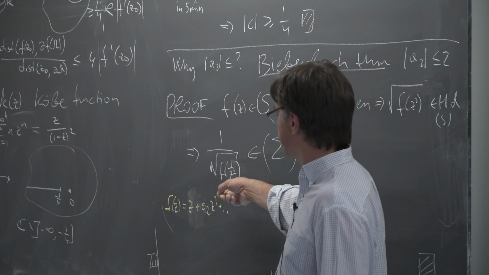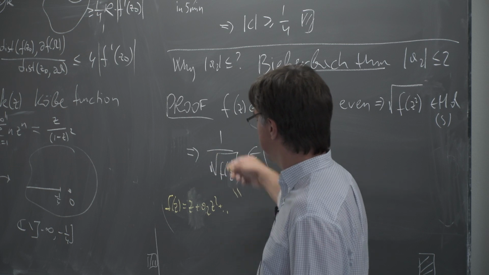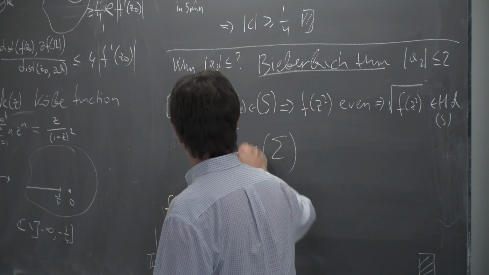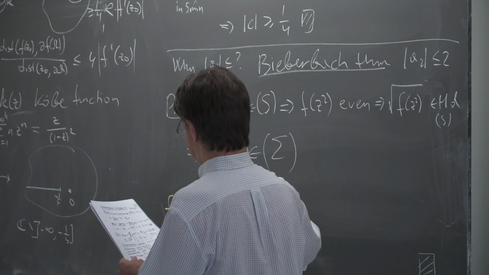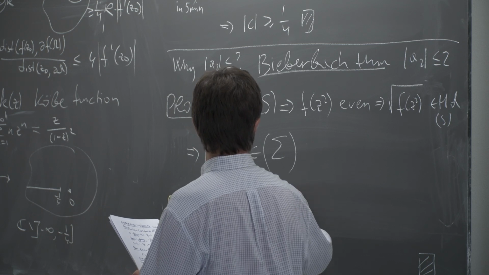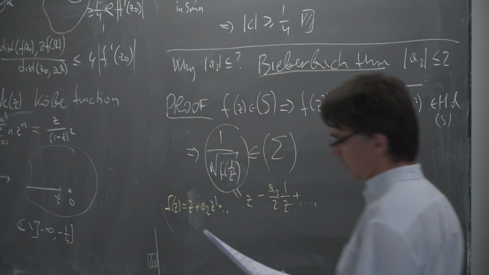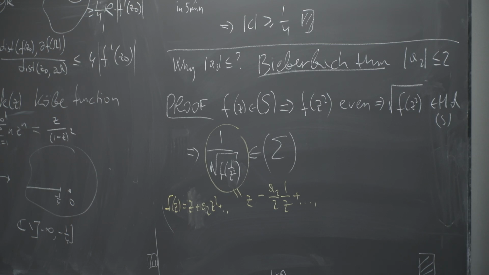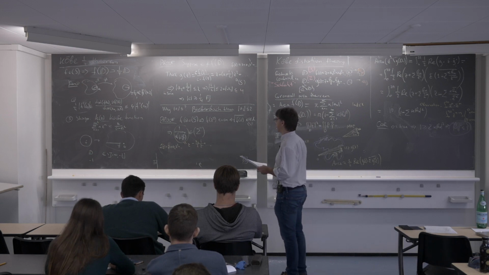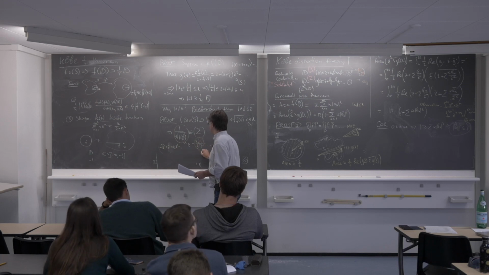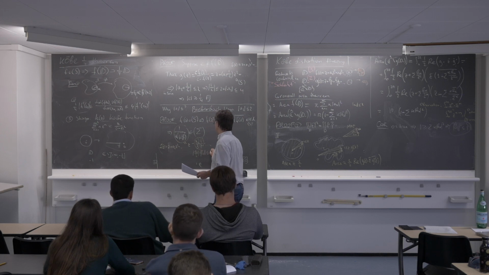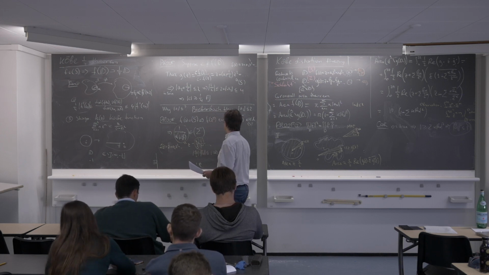You can trust me that if you plug it in and take the square root, this whole thing gets expanded as z minus a2 over 2 times 1 over z plus small order terms. This is a calculation which is not very difficult to do. So this is coefficient b1. The absolute value of a2 over 2 is the absolute value of b1. It should be no more than 1. So a2 is no more than 2.